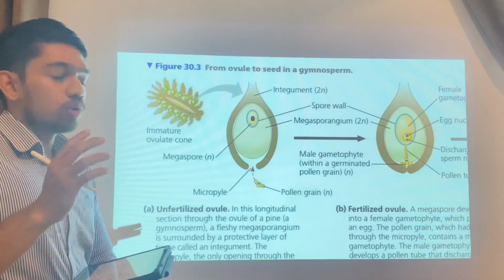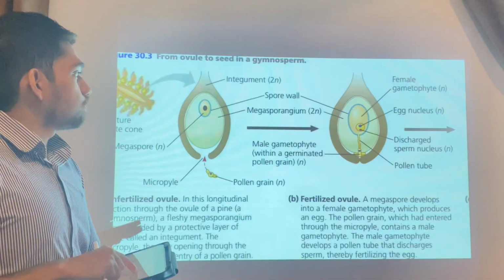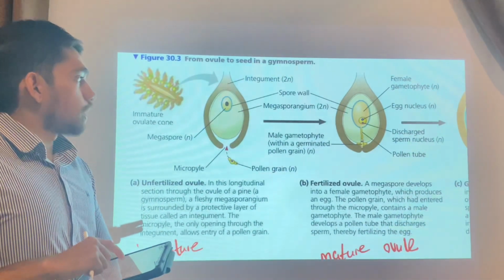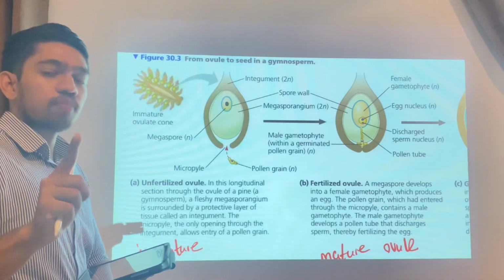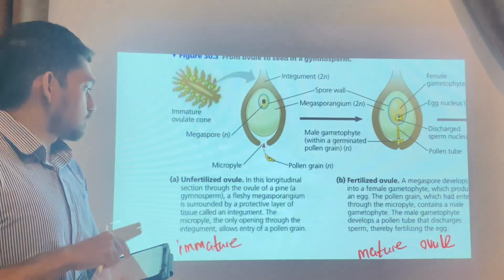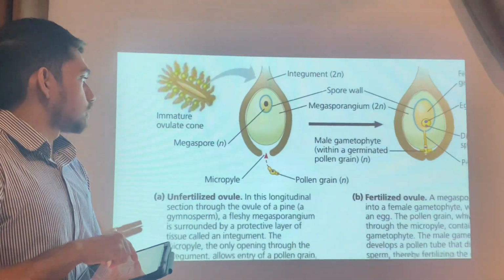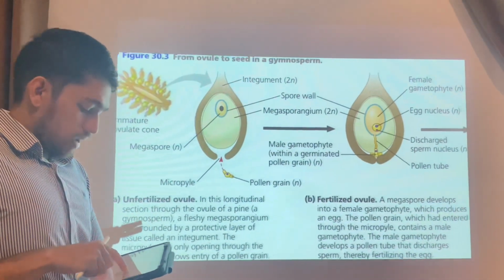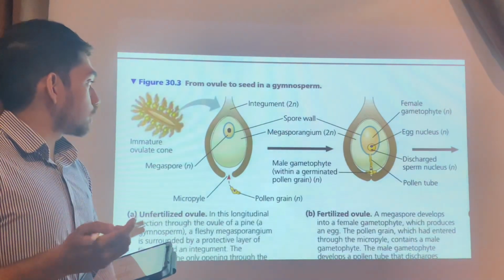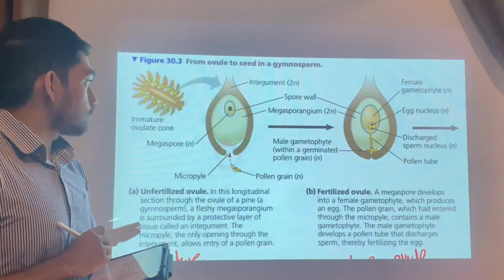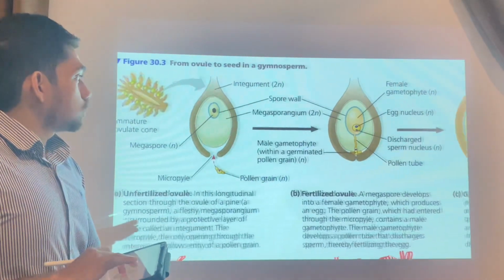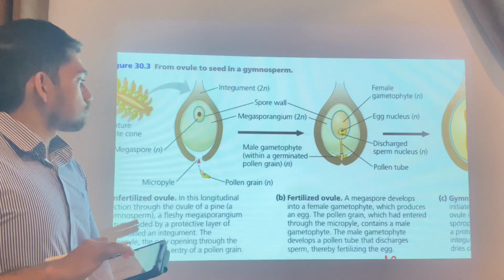The megaspore mother cell will undergo meiosis and produce 4 megaspores, but only one will remain functional. That is the megaspore you can see here. The integument, I said, is the protective covering. It has a small opening here known as the micropyle. So this is the immature ovule structure.